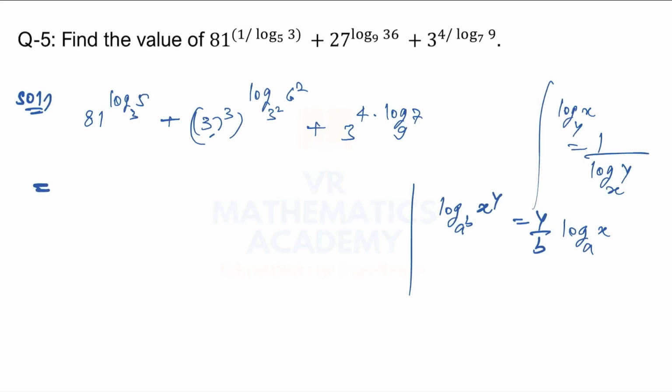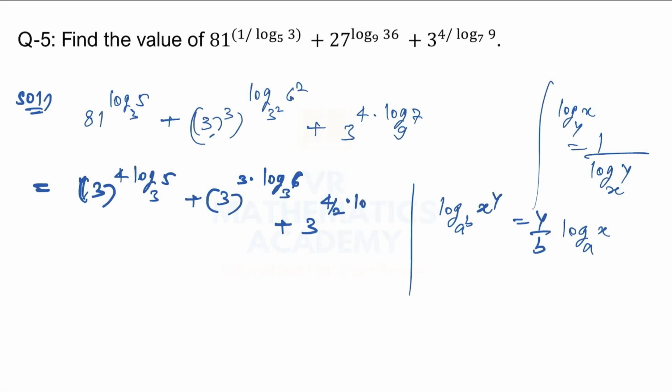So now this expression can be written as 81, which we write as 3 raised to the power 4 log of 5 base 3, and this can be written as 3 raised to the power 3 into log of 6 base 3, and plus 3 raised to the power 4 by 2 log of 7 base 3, by using these properties.